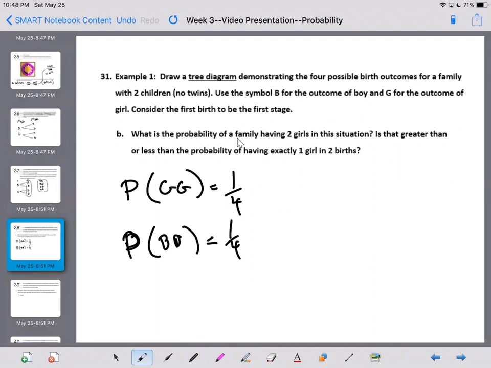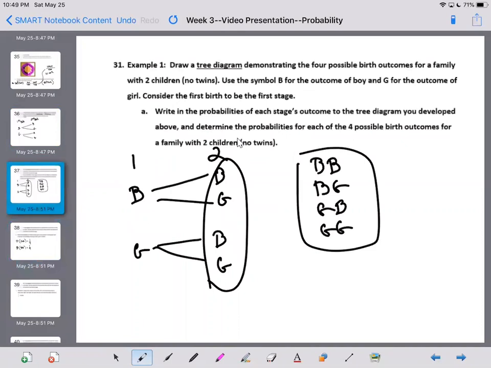Is that greater than or less than the probability of having exactly one girl in the two births? Well, exactly one girl in the two births would be here. It's a 50-50 chance. And here you see that you have 2 out of 4, so it's also a 50-50 chance.